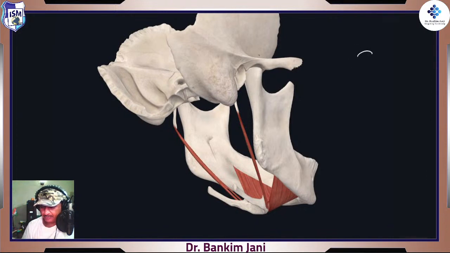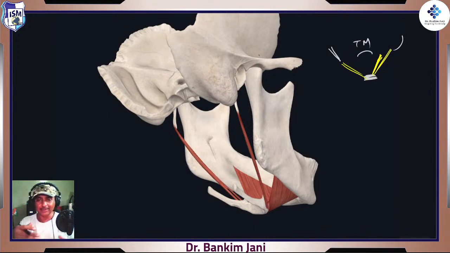So if we see that this is the TM joint, the styloid process and the mastoid process, they all are back. And over here, there was the jaw. This is the hyoid. So Mylohyoid and the Geniohyoid, they were like this, and Stylohyoid is like this. So it is a sort of swing, right?